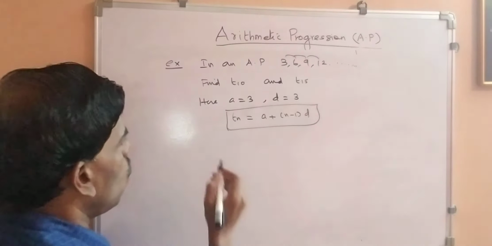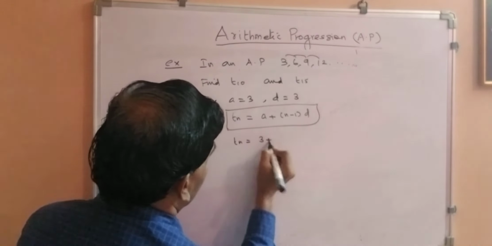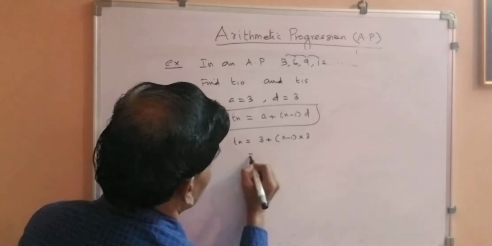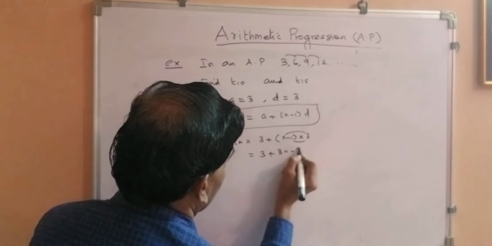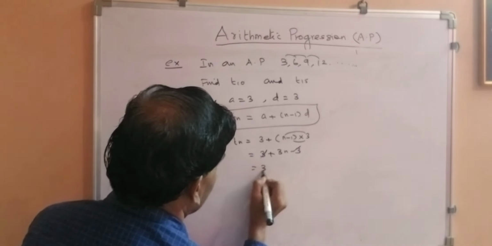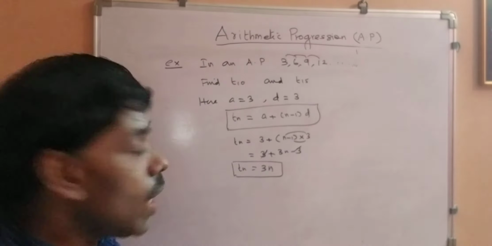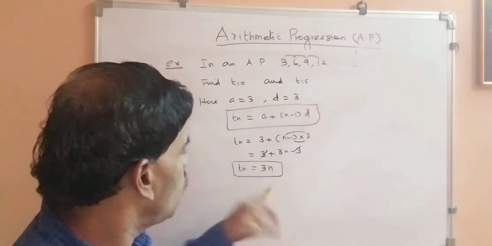Okay. Now, Tn equal to 3 plus (n minus 1) into 3. So, 3 plus 3n minus 3. So, it is 3n. So, for this AP, what is the formula to find the nth term? Simply 3n.